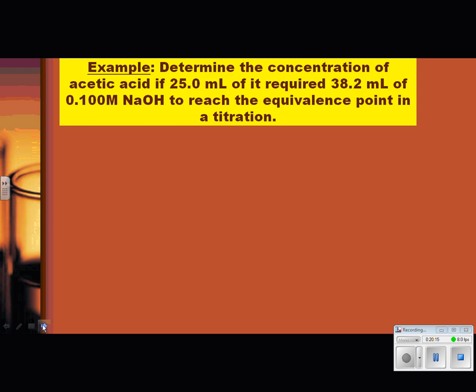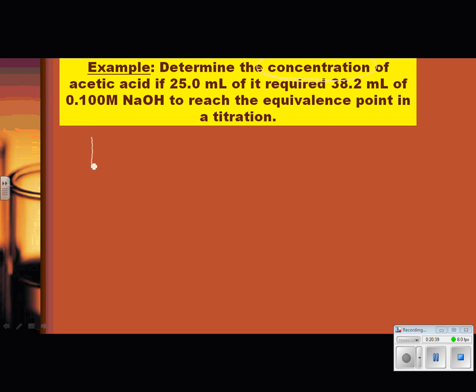Now the second example that we're going to do: determine the concentration. So again, we're looking for the concentration of acetic acid if 25 milliliters of it requires 38.2 milliliters of 0.1 molar NaOH to reach the equivalence point. So again, we're really just adding, okay?